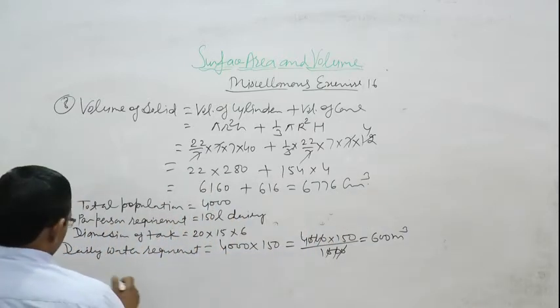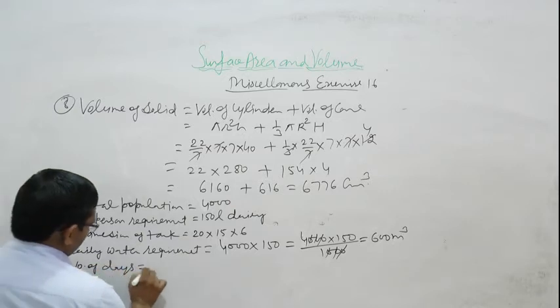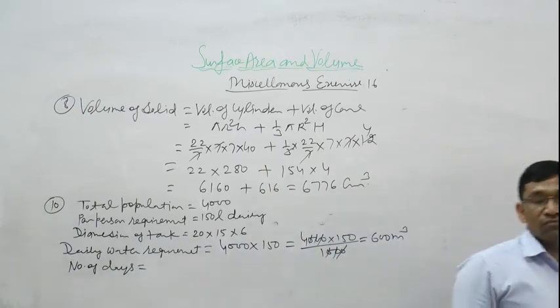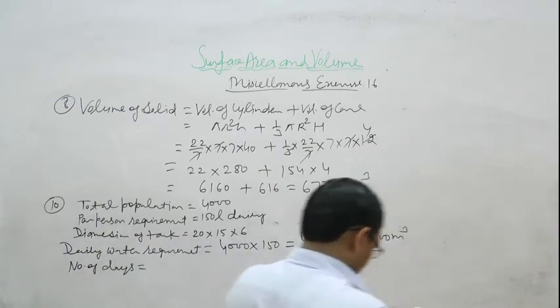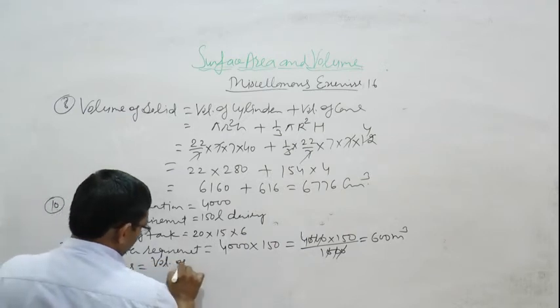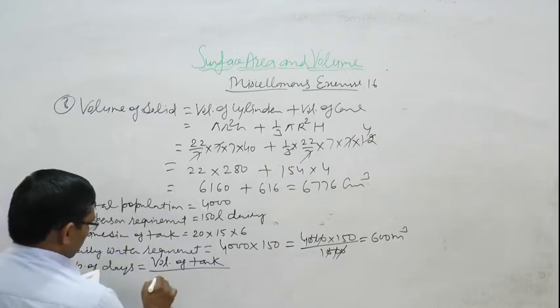Then number of days. Number of days is equal to volume of tank divided by daily water requirement.